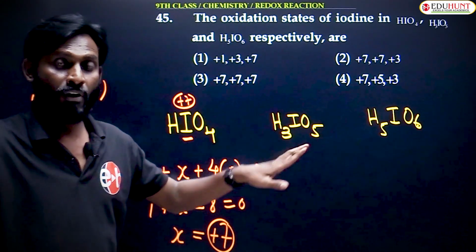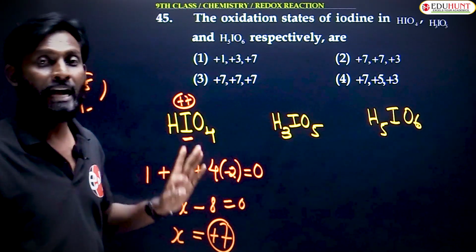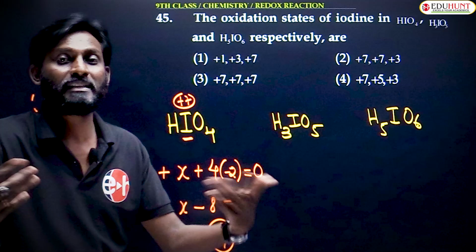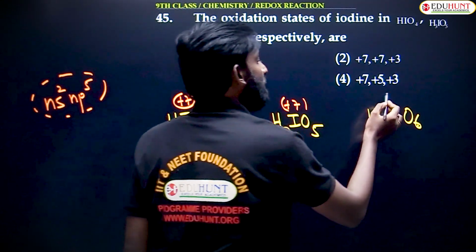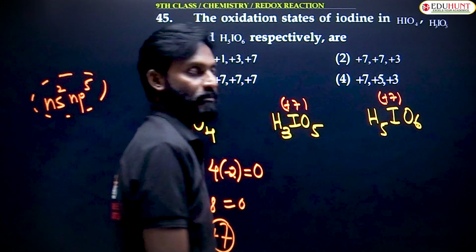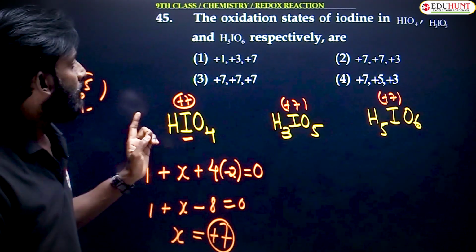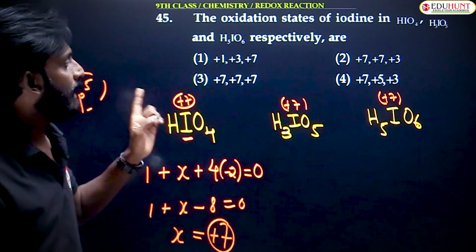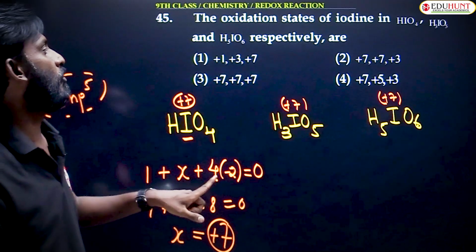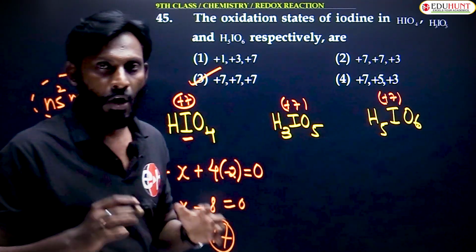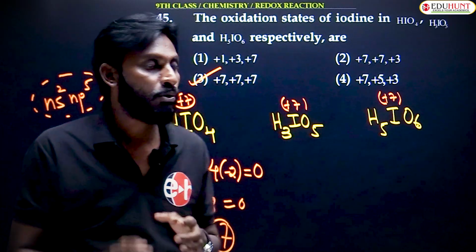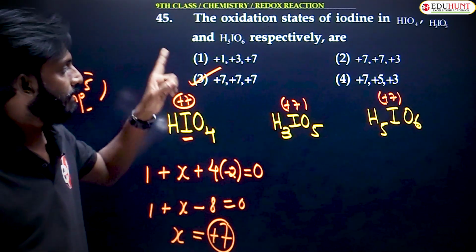Even if one more oxygen came, iodine can't oxidize more than plus 7. So it will be in plus 7 state. Here also it will be in plus 7 state. So the oxidation state of iodine in HIO4, H3IO5, H5IO6, in all of them is going to be plus 7, plus 7, plus 7.